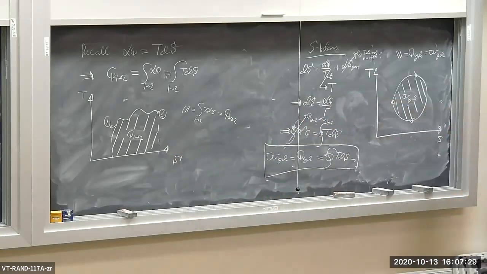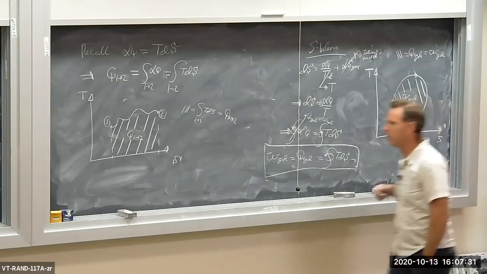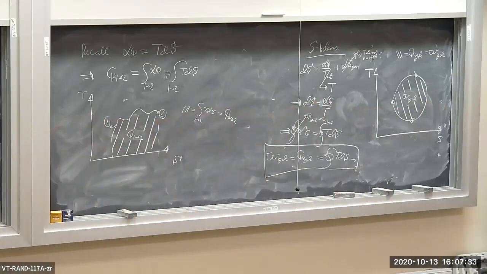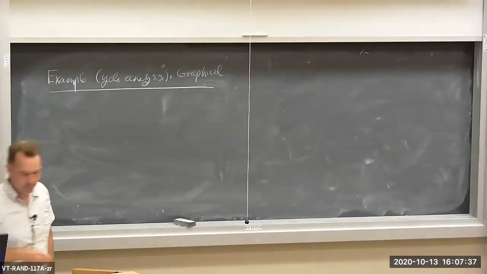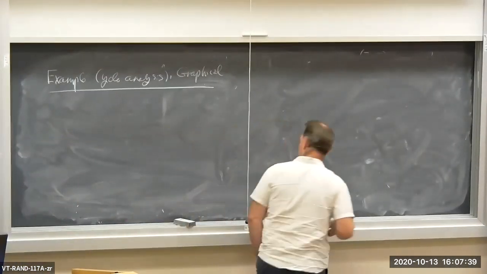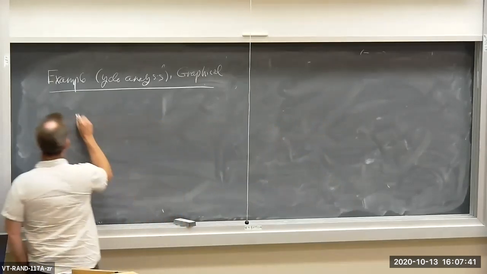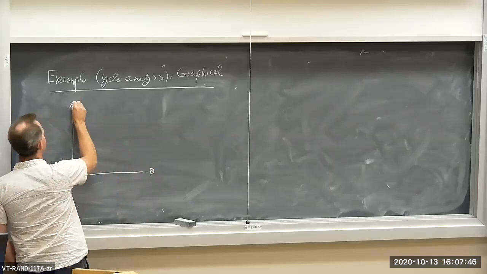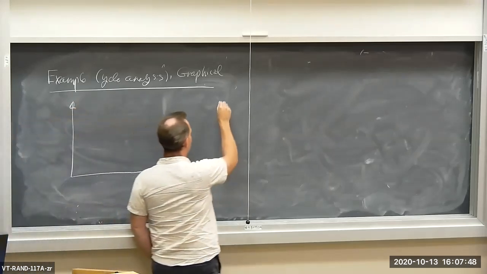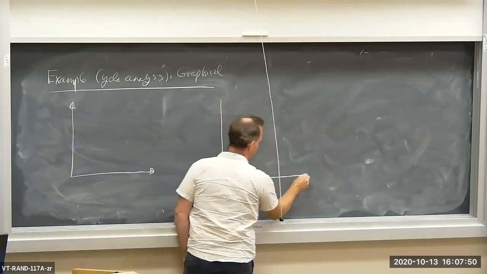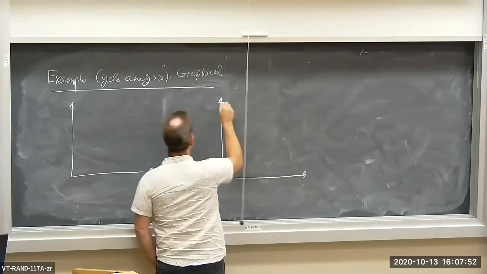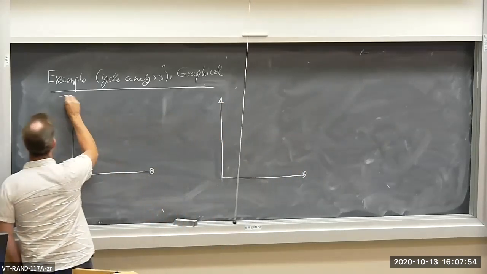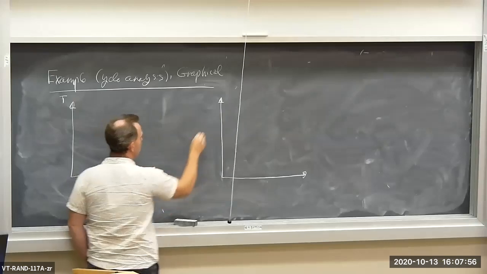Let's do a little example and I'll show you how this works. Let's say I have 2 cycles. Here's one, and here is the second cycle. These are both TS diagrams.